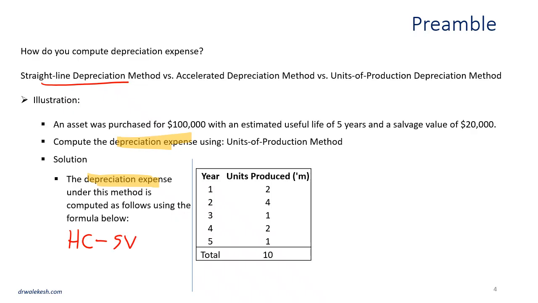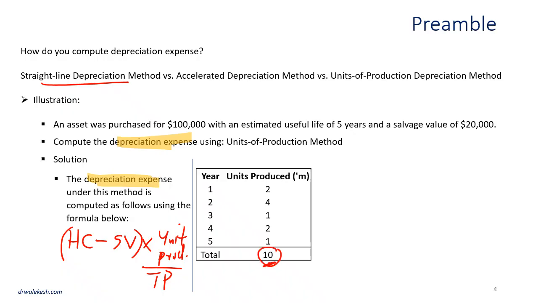But instead of dividing by the useful life of the asset, you would simply multiply by the units produced in the period involved, all over the total production units. The total production units is 10 million.